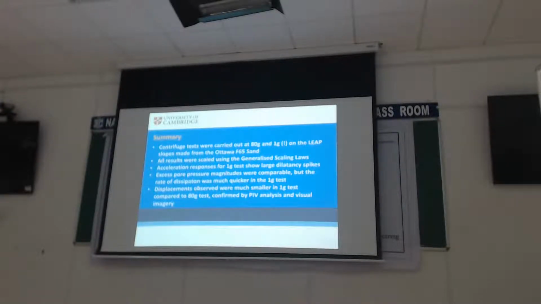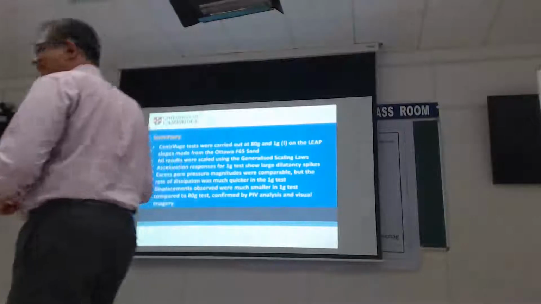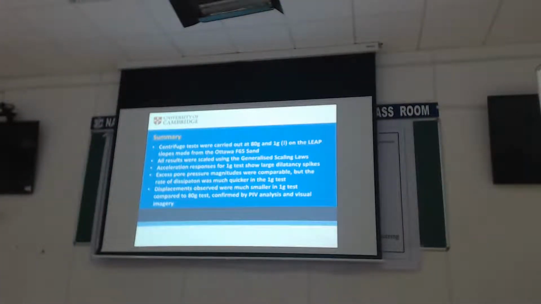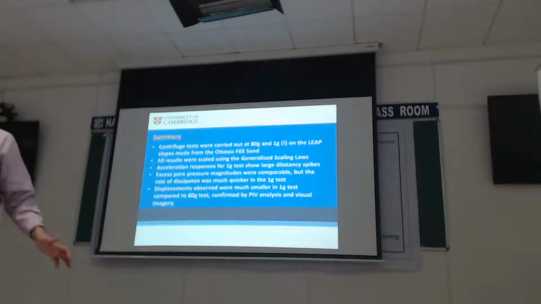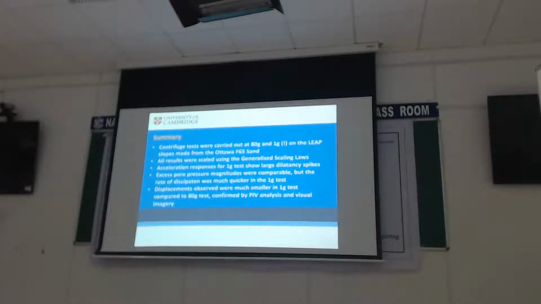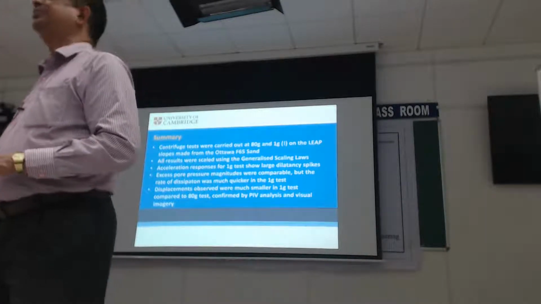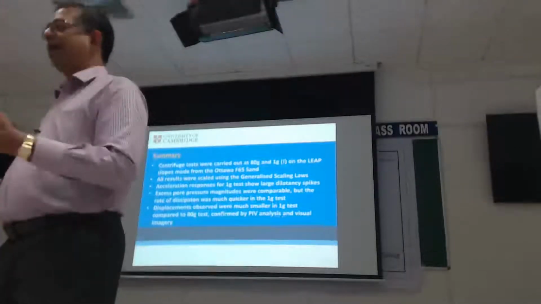Now, having said all that, what do you guys think? Is that enough proof that if you use these scaling laws, what you do not want to do is go that step I was talking about? Don't ever try to go up. All the results I have shown are completely consistent with soil basically being a lot stiffer and a lot more dilatant at 1G compared to at higher Gs or in the prototype.